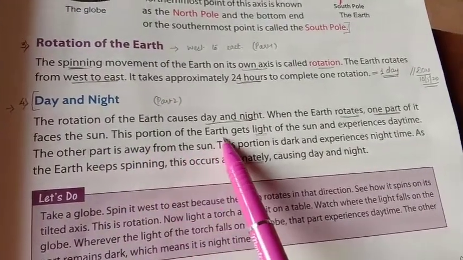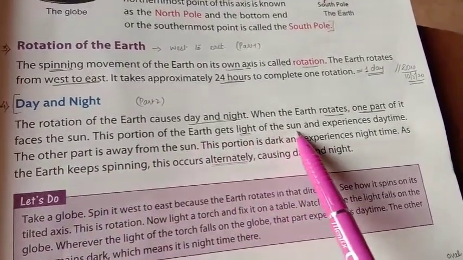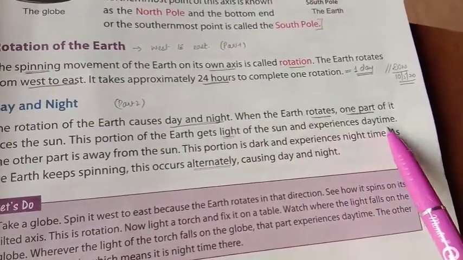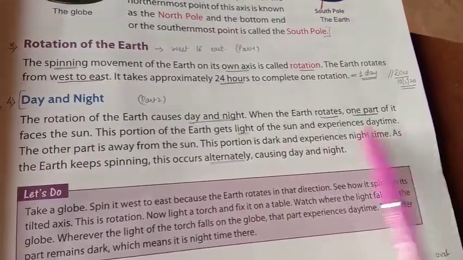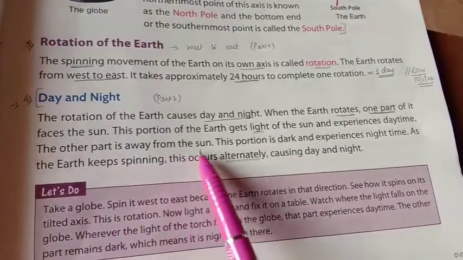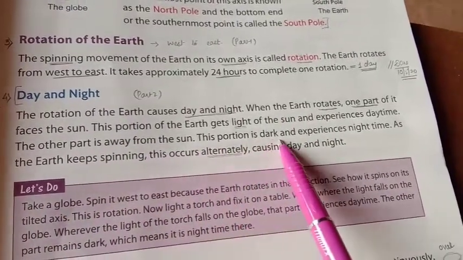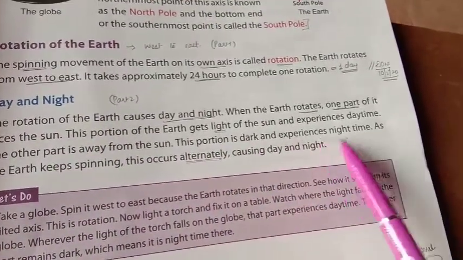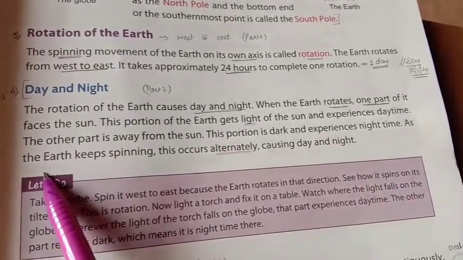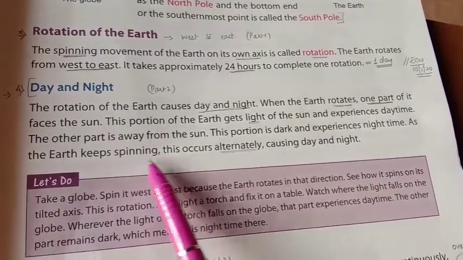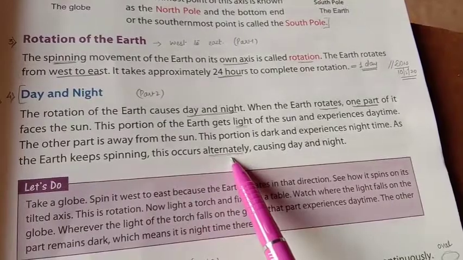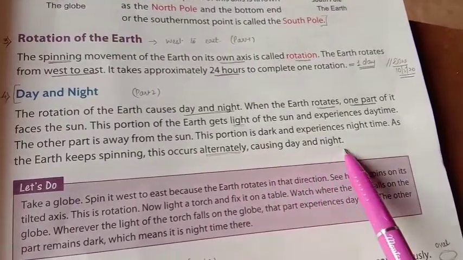This portion of the Earth gets light from the sun and experiences daytime. The other part is away from the sun. This portion is dark and experiences night time. As the Earth keeps spinning, this occurs alternately, causing day and night.